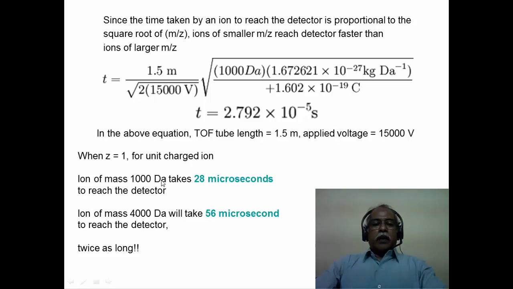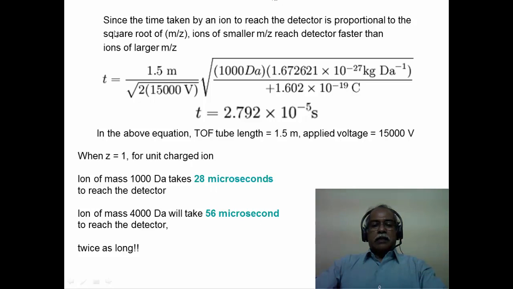In other words, a molecular ion with a molecular weight of 1000 Dalton, in other words a 1000 m by z value, will reach the detector in about 28 microseconds, whereas a molecular weight 4 times larger will take twice as long. For example, 56 microseconds will be taken by a 4000 molecular weight compound, so it is twice as long, and so the smaller ion will reach the detector faster, and the larger one takes about twice as long to reach the mass spectrometry detector.